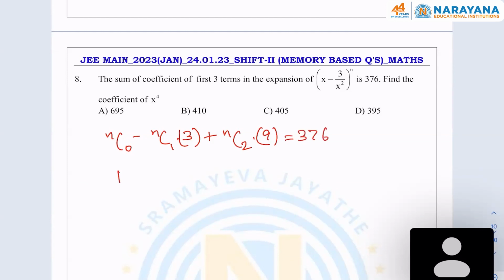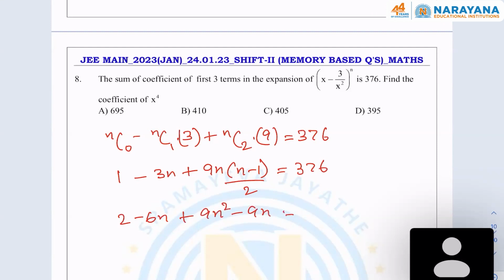Right? So 1 minus 3n plus 9n into n minus 1 by 2, it is equal to 376. So here I want to simplify 2 minus 6n plus 9n square minus 9n is equal to 376 into 2, which is equal to 752.